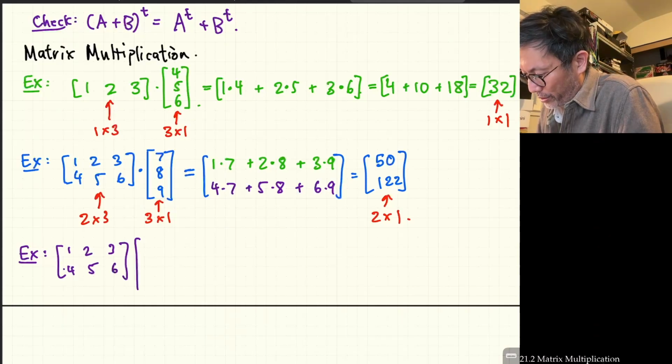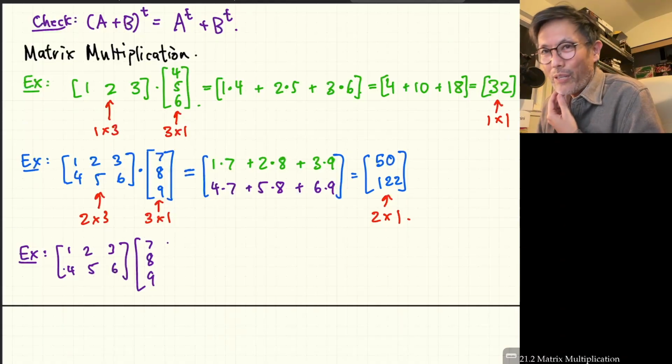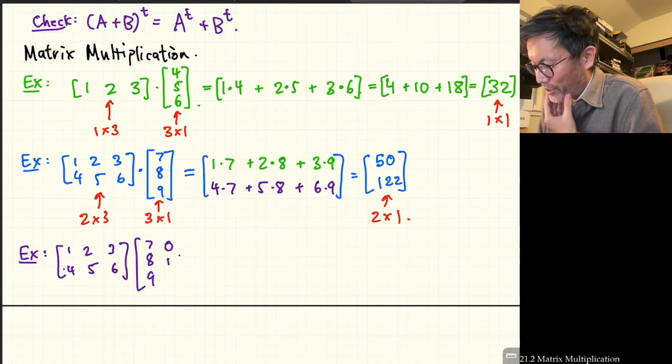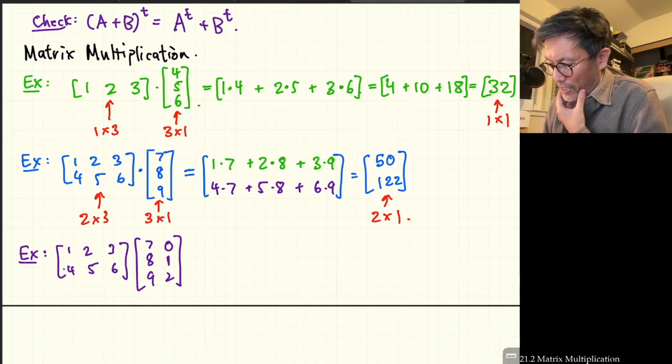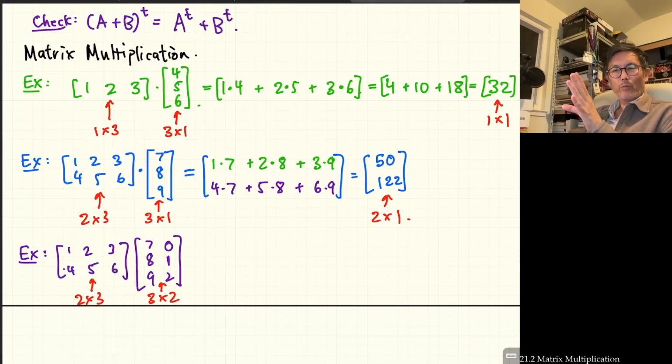Then we go to 7, 8, 9, and then, let's make it easier on ourselves, 0, 1, 2 here. Okay. So what are the dimensions that we're talking about here? This is 2x3, and this one is 3x2. Can you guess what the dimensions of the product will be? It'll end up being 2x2.